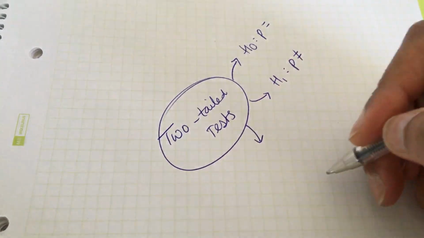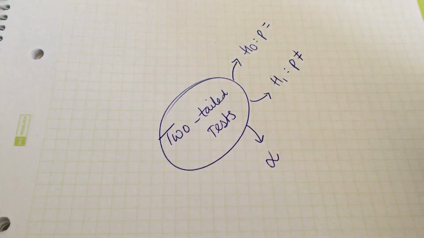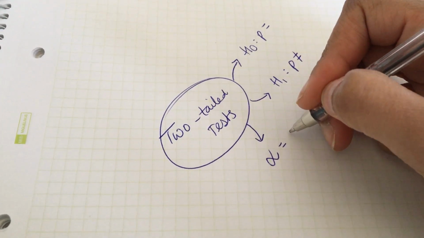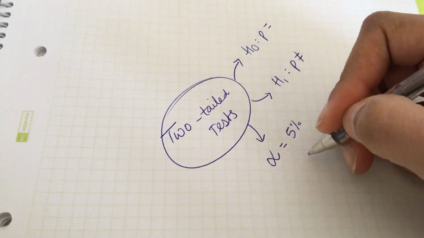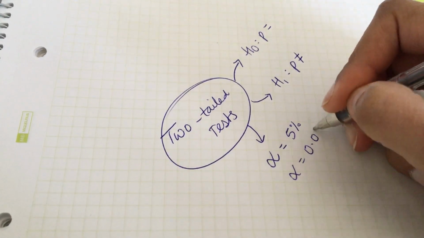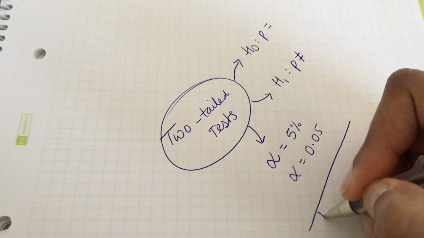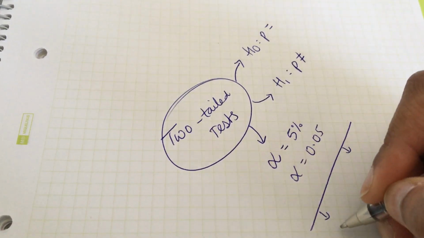The other thing to bear in mind is the significance level. Now, if the significance level is 5%, which is 0.05, then we are looking at either tail of the test and we will split up the significance level.